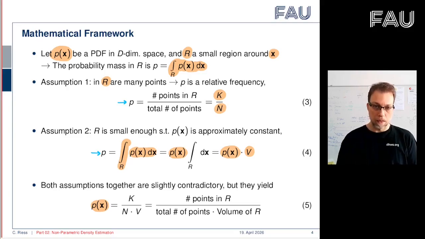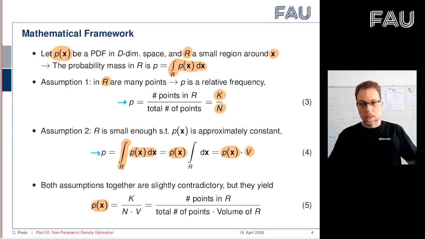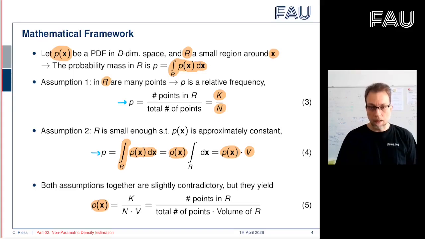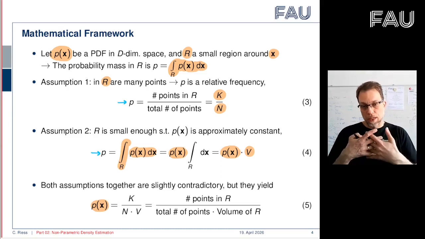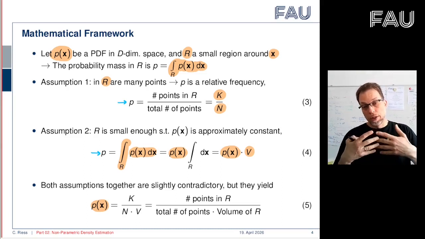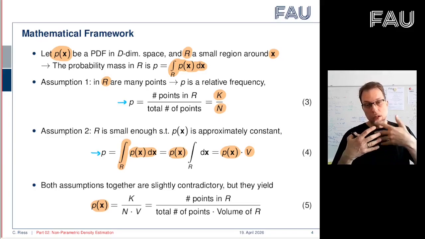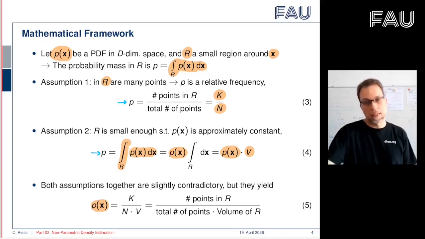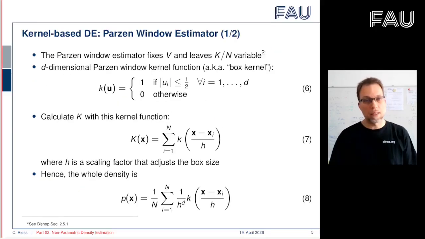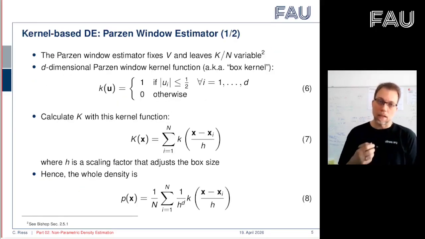And this equals the total number of points in that region divided by the total number of points in the whole space times the volume of that region. And this formulation can be used as a basis for the kernel-based density estimator and for a k-nearest neighbor-based density estimator. Let's have a look at the kernel-based density estimator first.